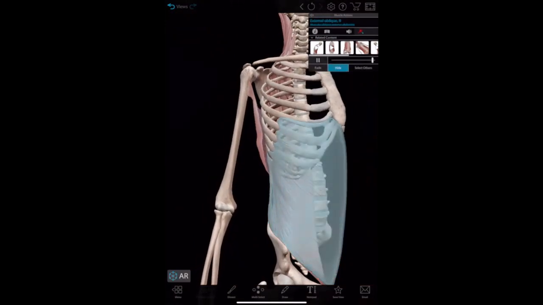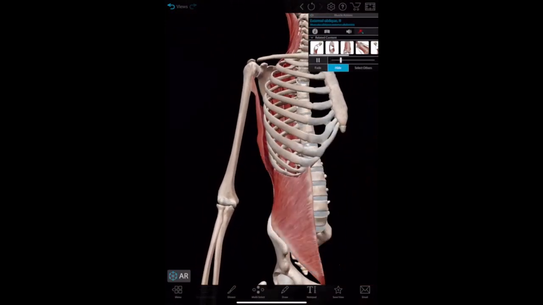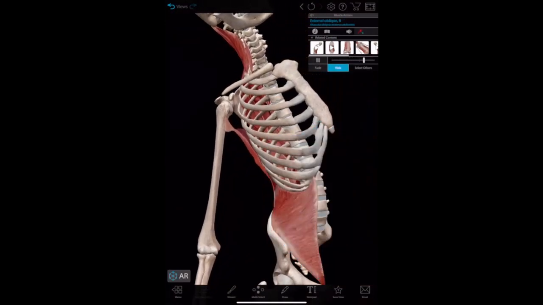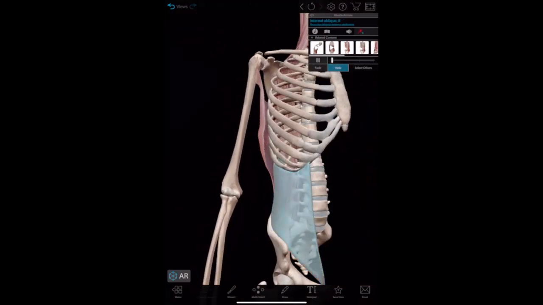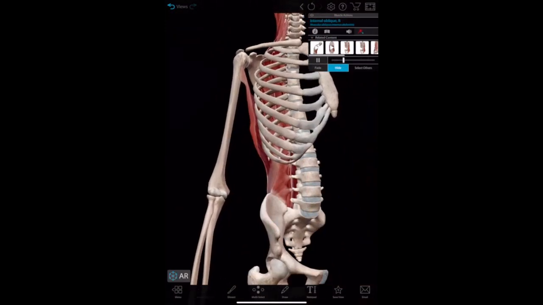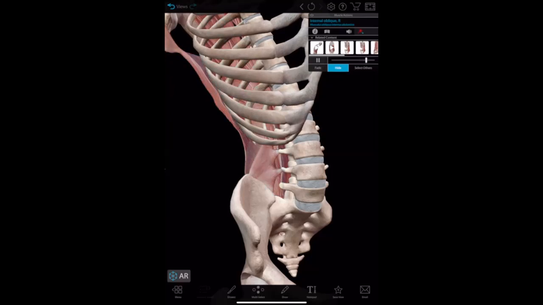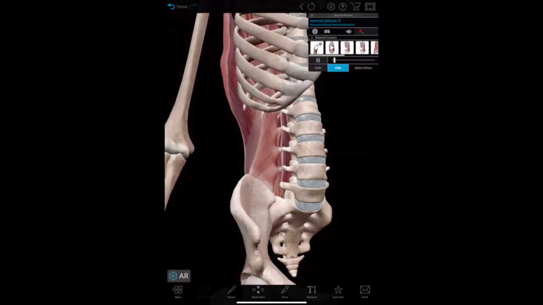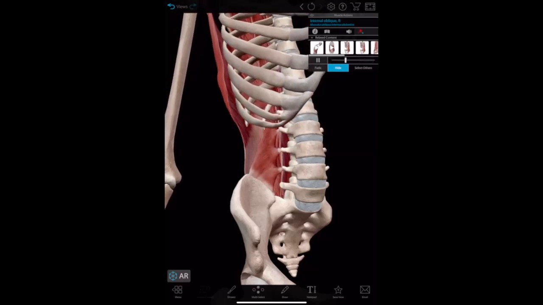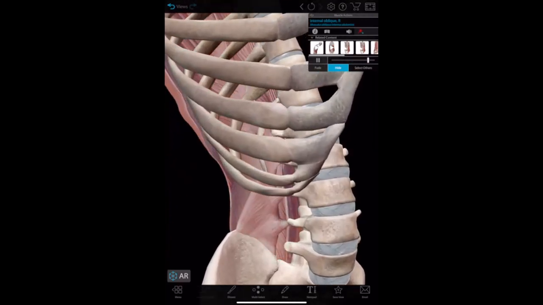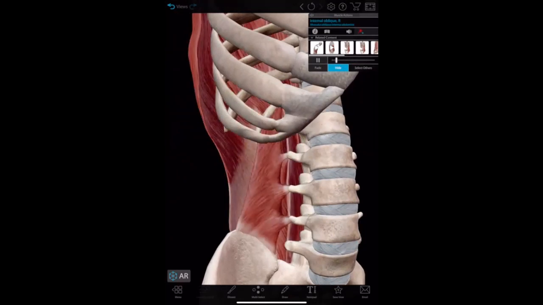Okay, hide that. So lateral flexion of the vertebral column. You see how quadratus lumborum is working, right?